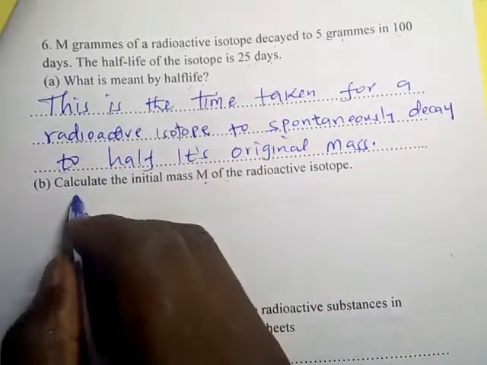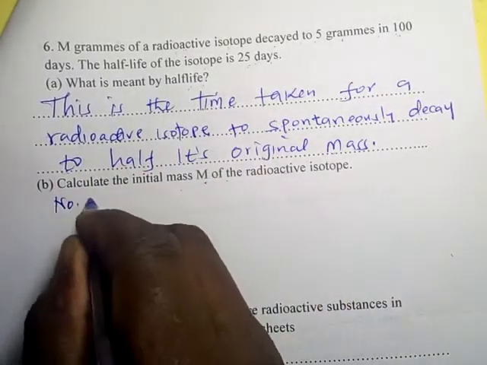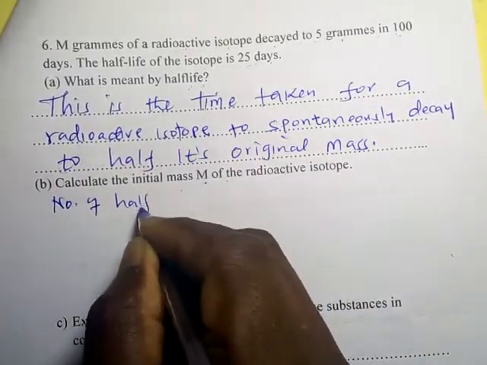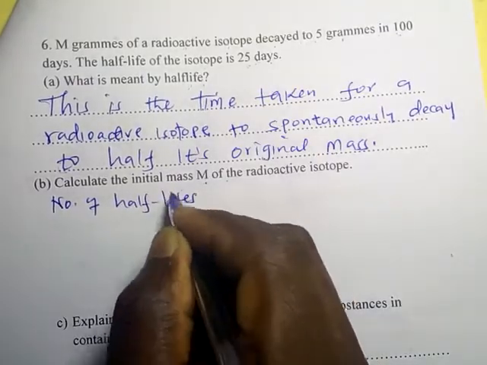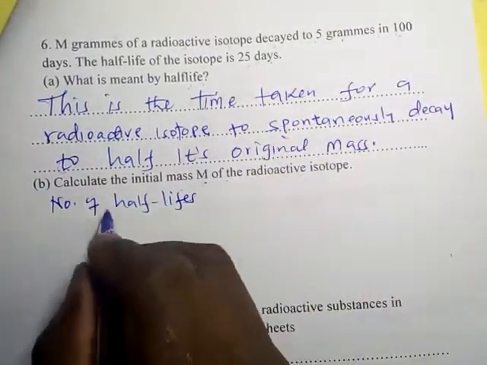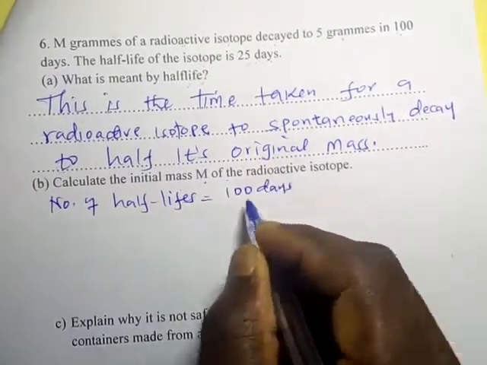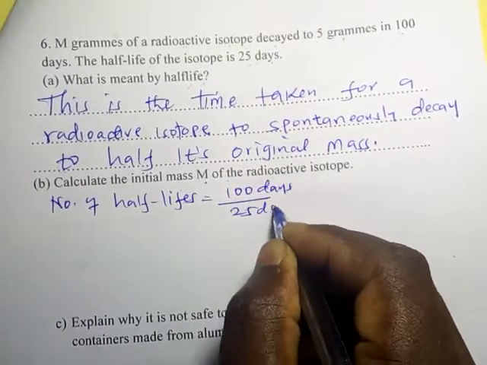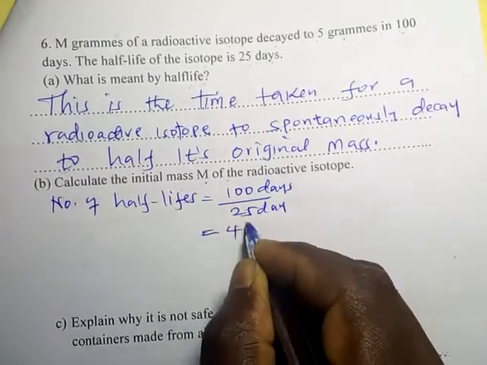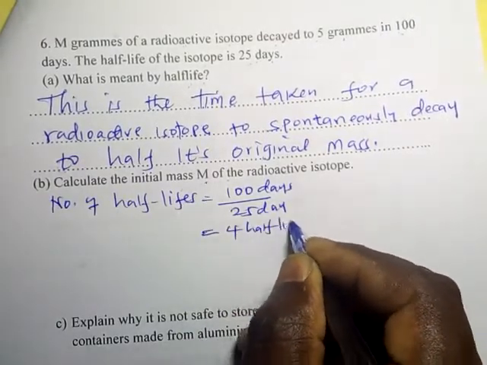So we first get the number of half-lives because we have that one. The total time taken is 100 days. One half-life takes 25 days. So this one gives us 4 half-lives.